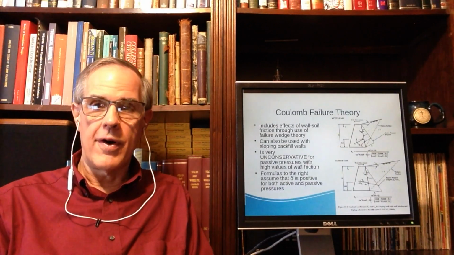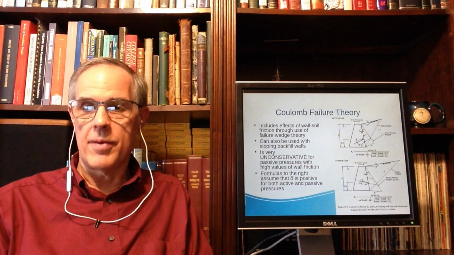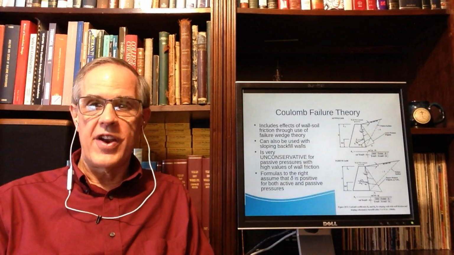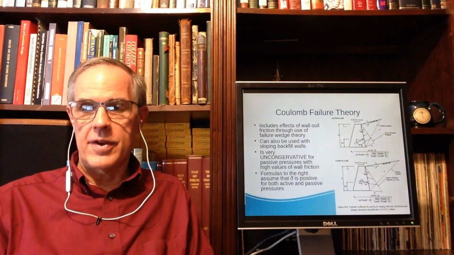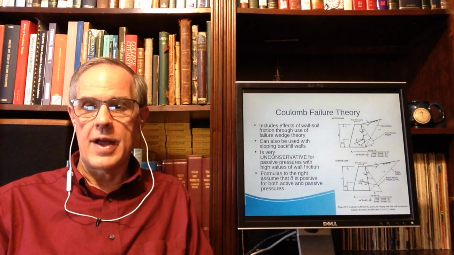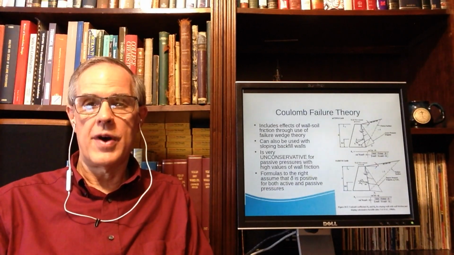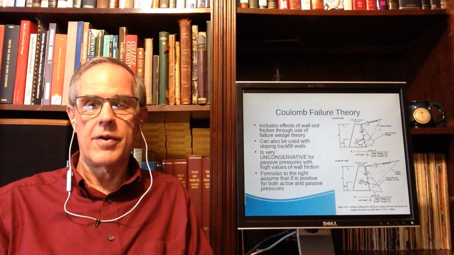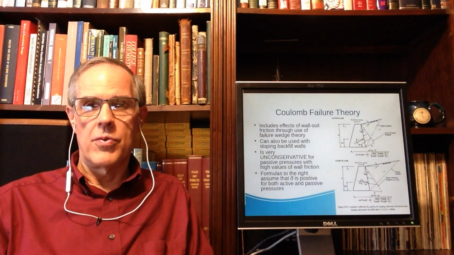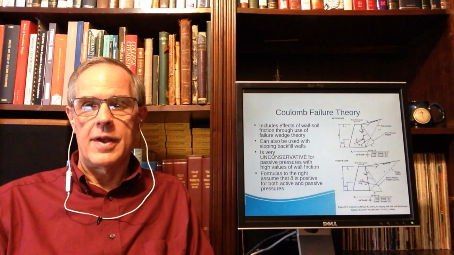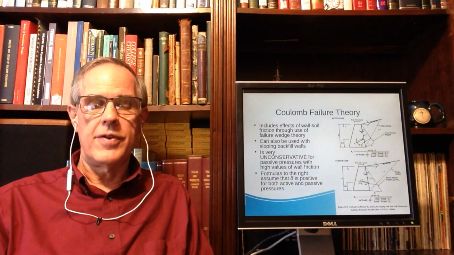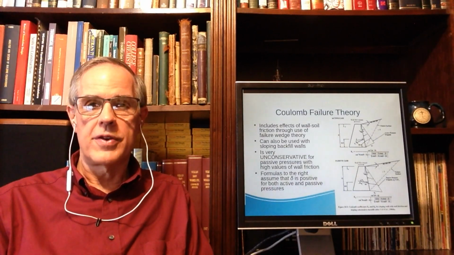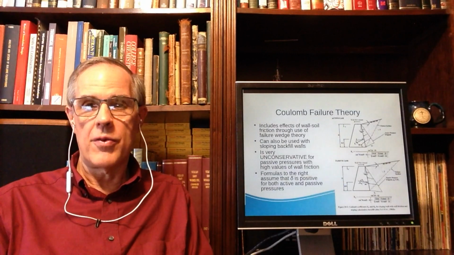The sloping wall can be included in that as well. It is very unconservative for passive pressures with high values of wall friction. The reason is that it wildly overestimates the lateral earth pressures for walls such as that. And if it does that, then if your wall is counting on it to support it and it's too high, the wall is going to fail.